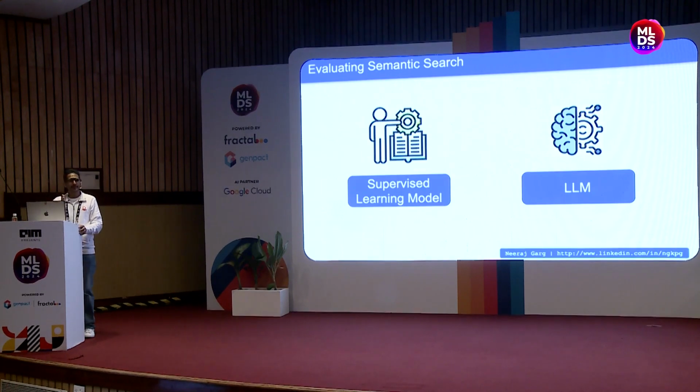So one could be a supervised learning model evaluation system where you have annotated questions and responses in pairs that would do the evaluation of search results given a query. So it can mark it as relevant or not relevant, or give it a score, whatever you want.